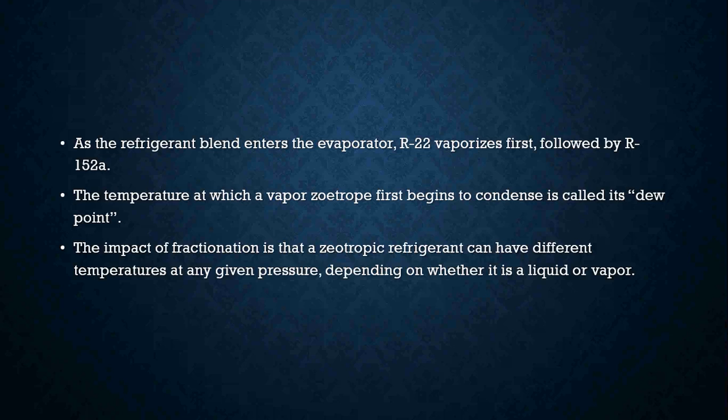The impact of fractionation in a zeotropic refrigerant is that you can have different temperatures at any given pressure depending on whether it is a liquid or a vapor. It's really important to understand what can happen to the system and the refrigerant operation in a specific type of unit that uses a zeotropic refrigerant.